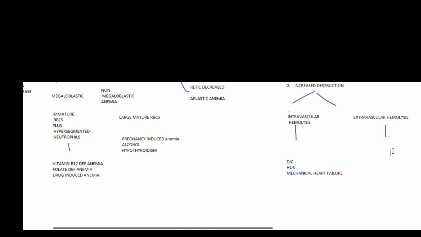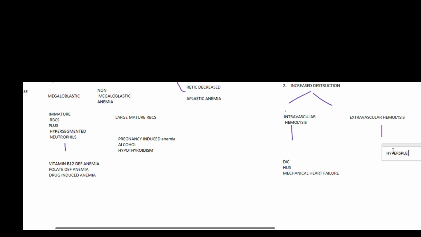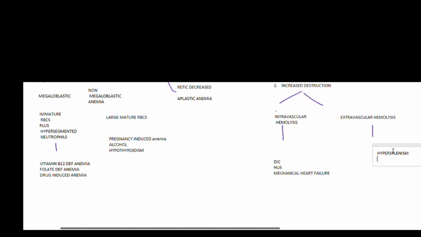And the extravascular hemolysis leading to anemia includes hypersplenism, and the hemolytic anemia.